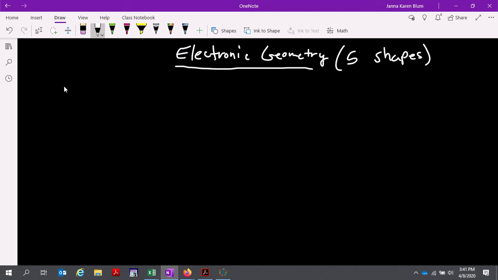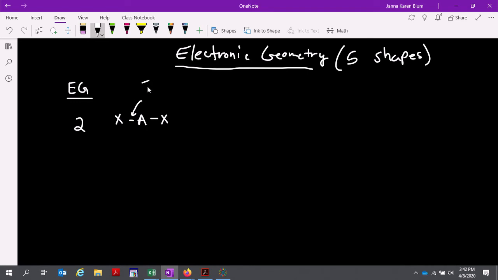So if I have two electron groups, I have the general structure of AX2, and a little note that this A here can be any central atom, and that bond can be any bonding group.